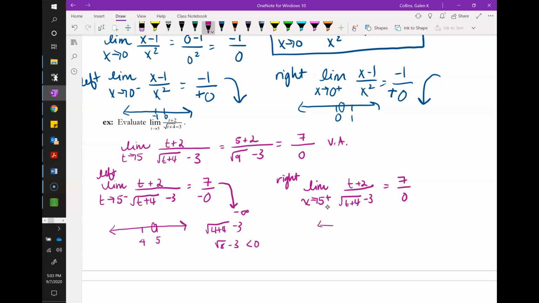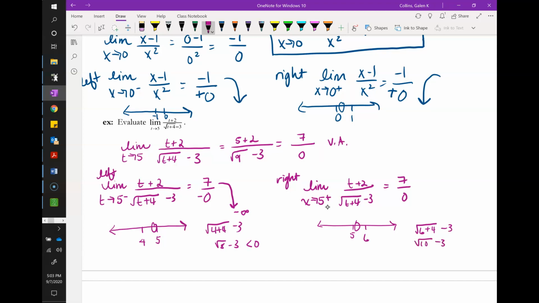But now to the right of 5, it wouldn't hurt to plug in a 6, but I just want to stay as close to the 5 as I can. But let's say we do plug in a 6. Our denominator would now be the square root of the sum 6 plus 4, minus 3. So the square root of 10 minus 3.